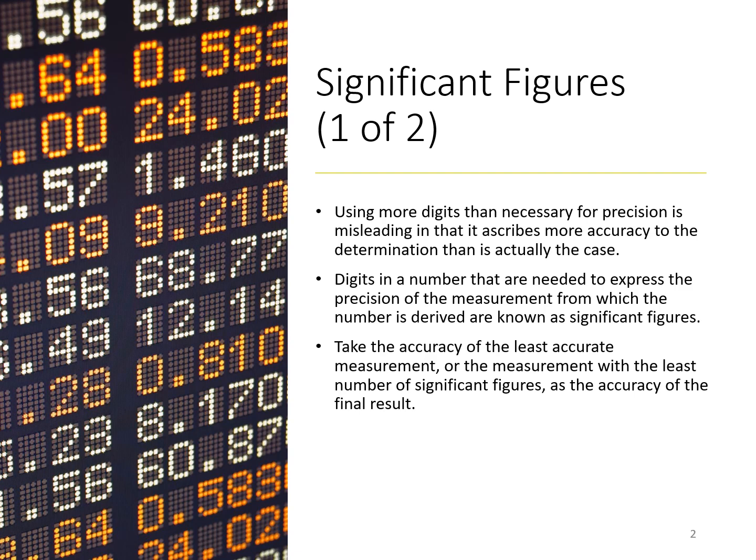We need to take the accuracy of the least accurate measure, or the measurement with the least number of significant figures, or the least number of decimal places, and use that as the accuracy of the final result. The book gives us a couple of examples.